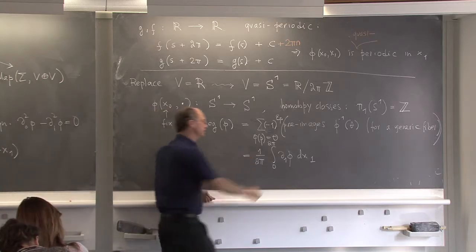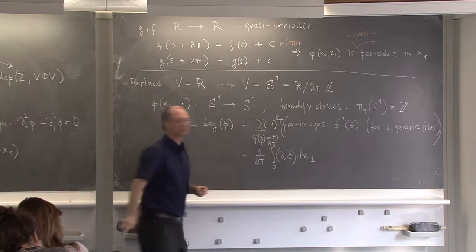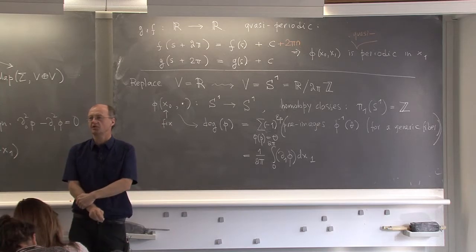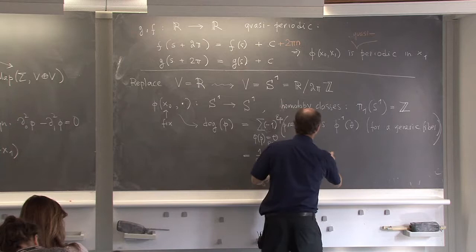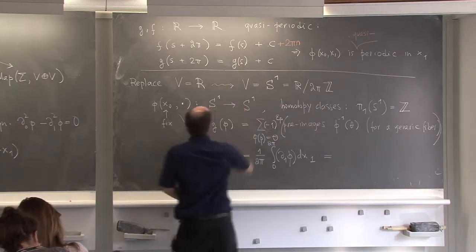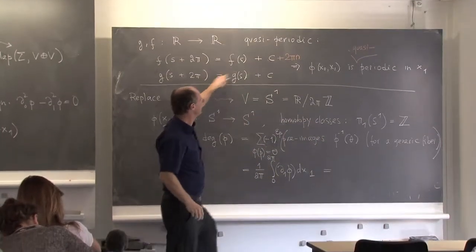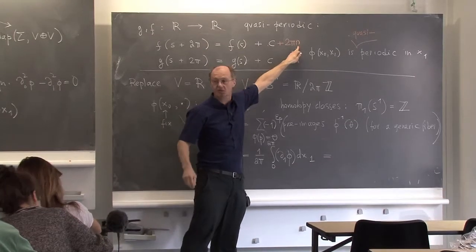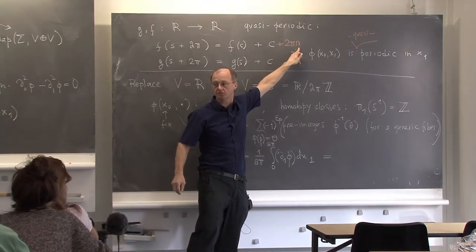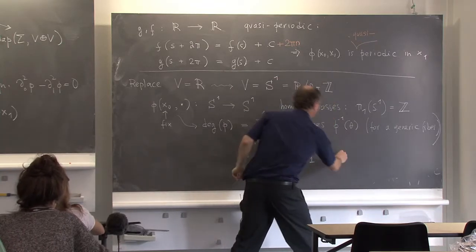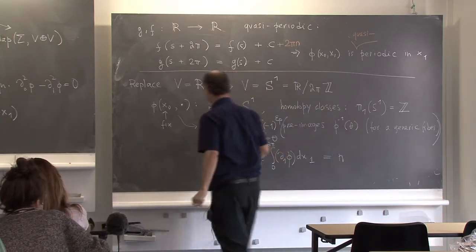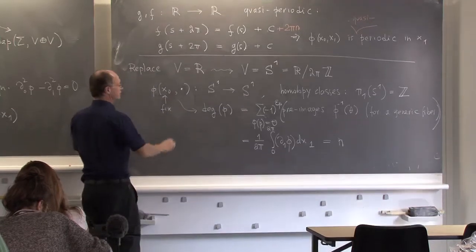Just an integral of the derivative d1 phi of my map. So actually, if we go back to the space of solutions, this will be exactly this integer n that I introduced in the space of solutions.